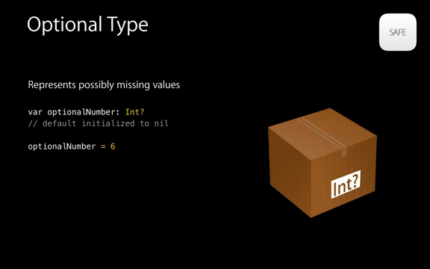Now, the other state of an optional indicates the presence of a value that's been wrapped up in the optional. Think of optionals as a wrapper or container that wraps up values when there are values present. So here we're setting the value of optional number to 6, and the value is wrapped up in the optional. We'll see how to unwrap this value and access it in just a little while.